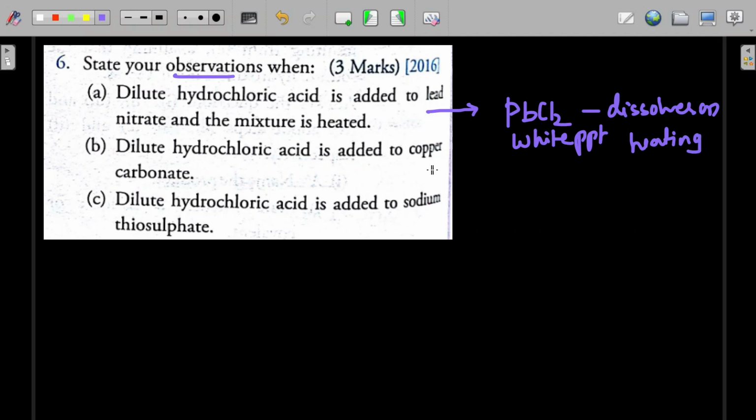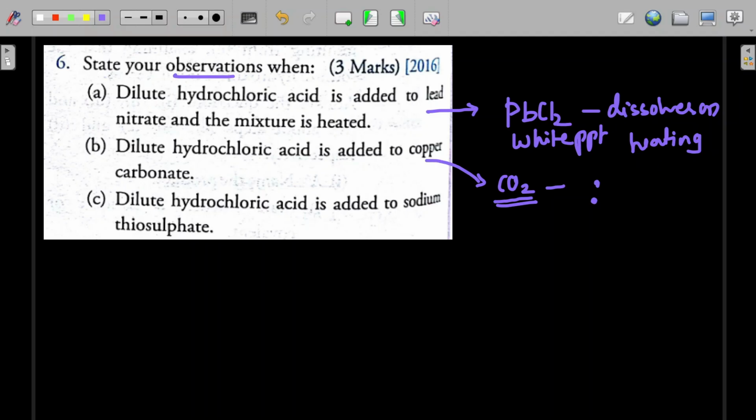Dilute hydrochloric acid and copper carbonate: here you will get CO2 gas. So write the test for CO2 gas. It turns lime water milky, that is one point. Second point, no effect on acidified potassium permanganate solution.